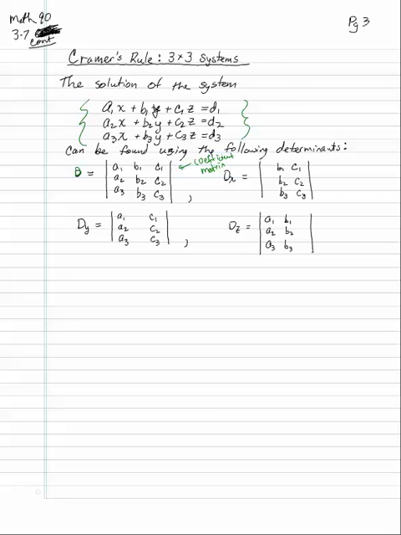Now D sub x is the coefficient matrix, and notice I intentionally left the first column blank because I want to emphasize that for solving for x, you're going to replace the x column with the constants. So the constants would be d1, d2, d3.